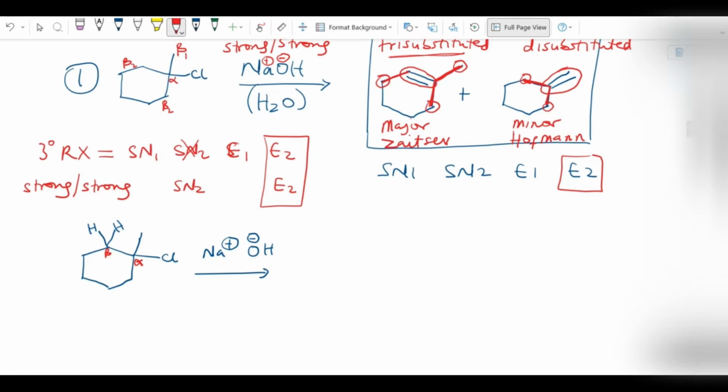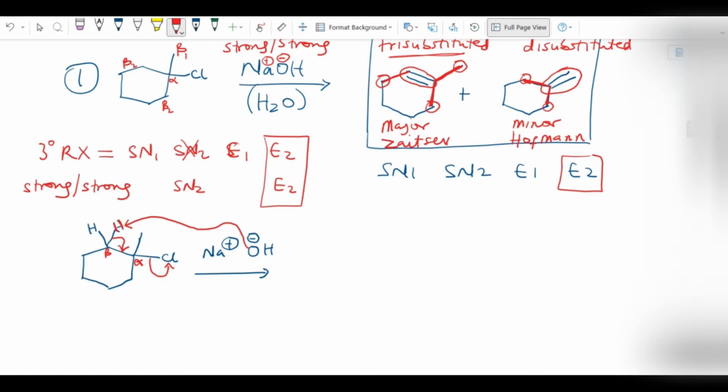So normally, we'll draw a curved arrow from the lone pair on the hydroxy group towards this proton to show that that base grabs that proton. Now, when it grabs that proton, the bond between the proton and the beta carbon will break, and the excess electron will form a double bond between the beta and alpha carbon, which will then go on to kick off the leaving group.